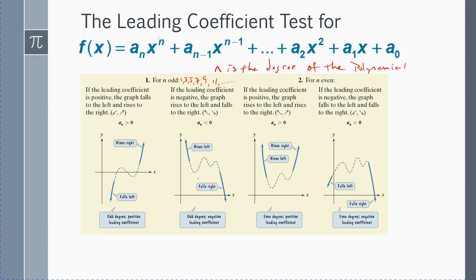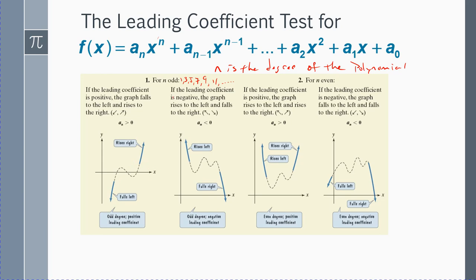That means as x becomes more and more negative, the graph is going to fall, and as x becomes more and more positive, increases without bound, the graph is going to shoot up. I don't know what's going to happen in the middle, and that's what we're going to spend a lot of time on in the coming lectures. But I know the end behavior: it decreases without bound as x decreases, and increases without bound as x increases.